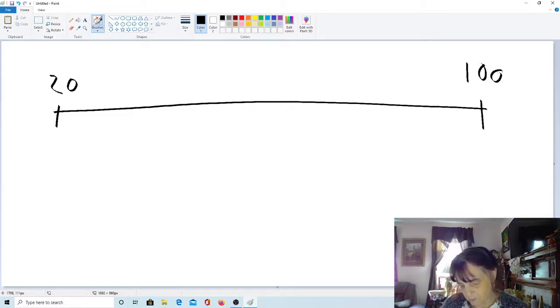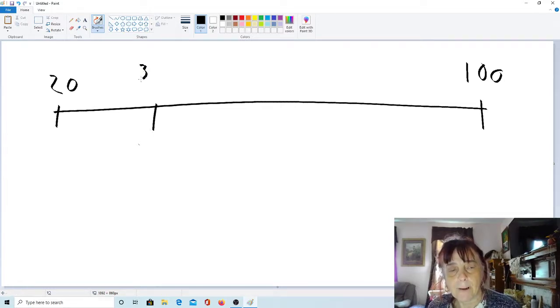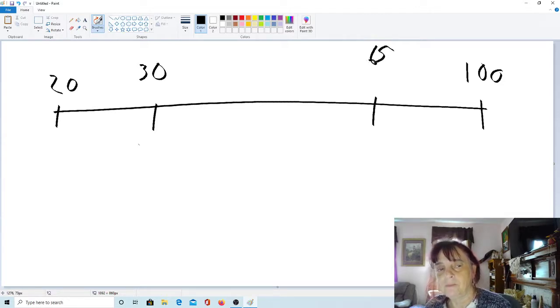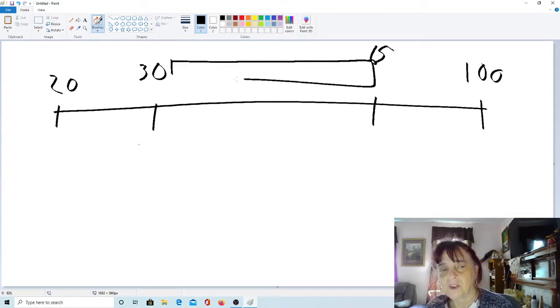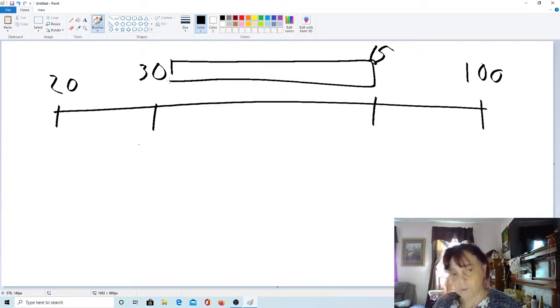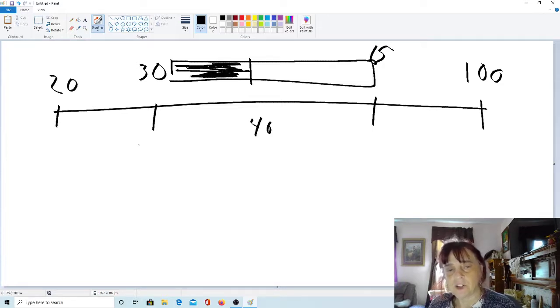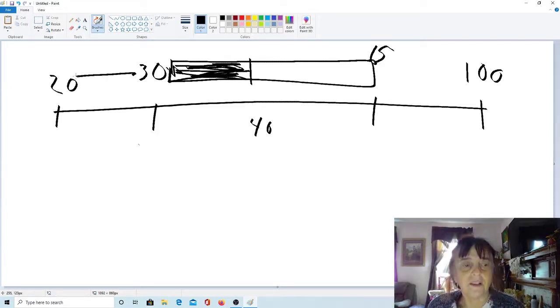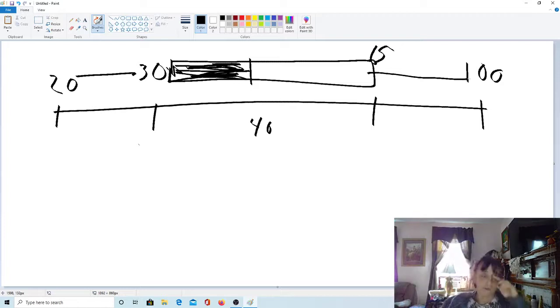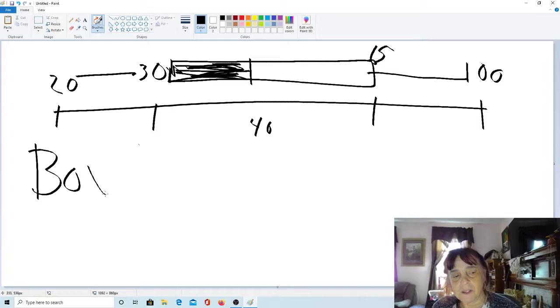Then you have Q1 is 30, and Q3 is 65. And our median is 40. Okay, so you could shade this in if you want, but you don't have to. I mean, I just did. All right, then you connect your dots, and that's called a box and whisker plot.